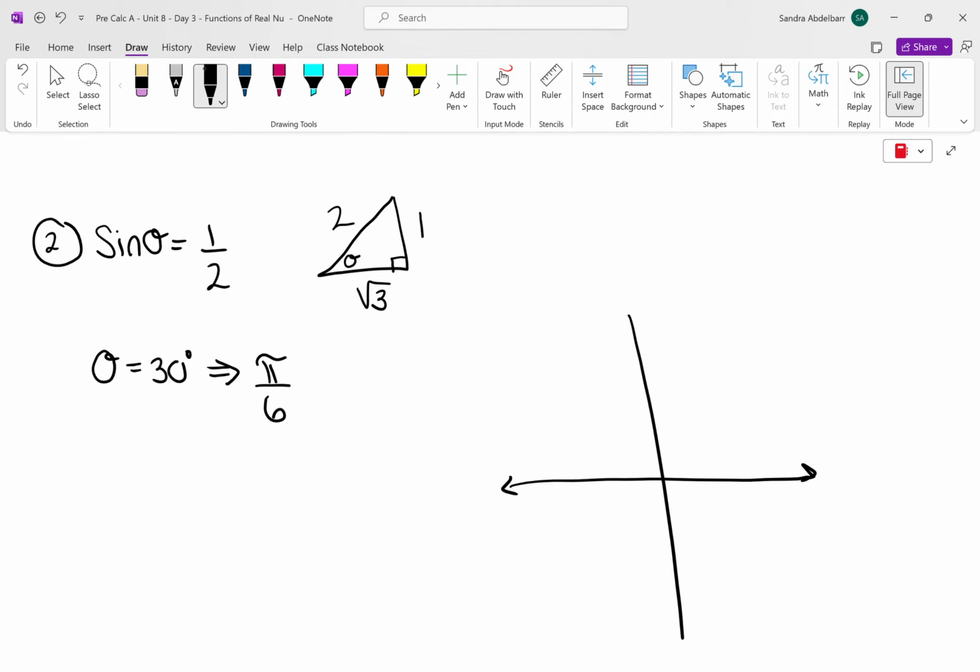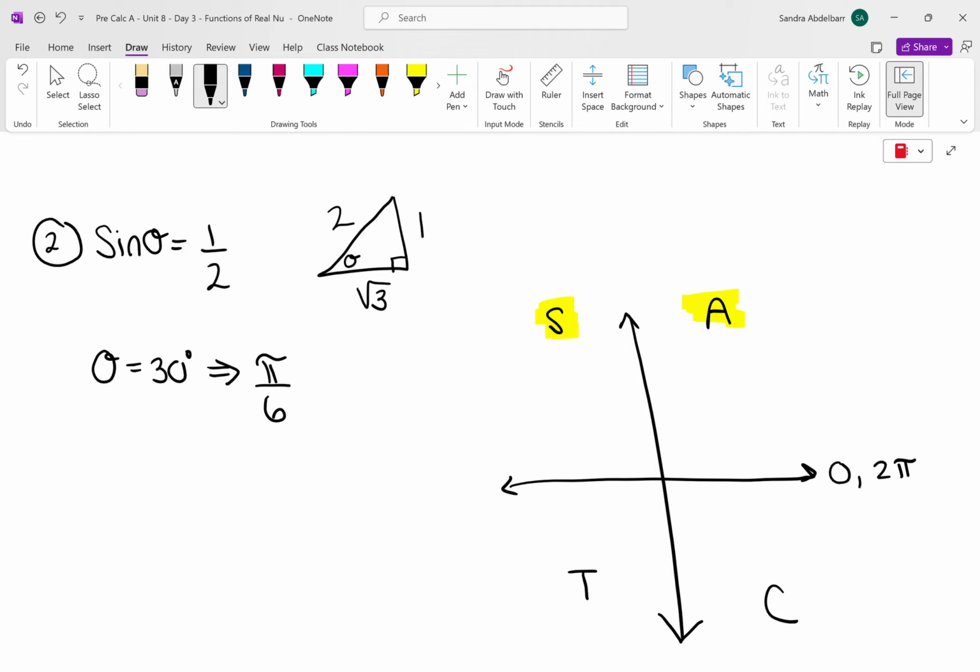Okay, so once again, the sine of theta was positive. So remember, all students take calculus. That means which two quadrants do I have to be in? I have to be in quadrant 1 and quadrant 2. So now I'm going to write my quadrant angles.